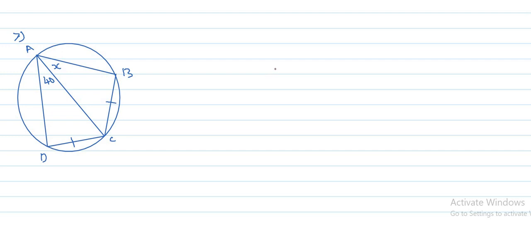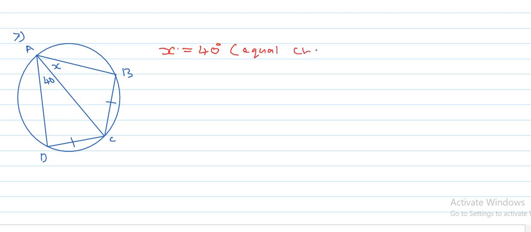Question number 7, we are given a circle with points ABCD on the circumference. Then they ask, what is the value of x? Then we're going to say x equals 40 degrees. What is the reason?